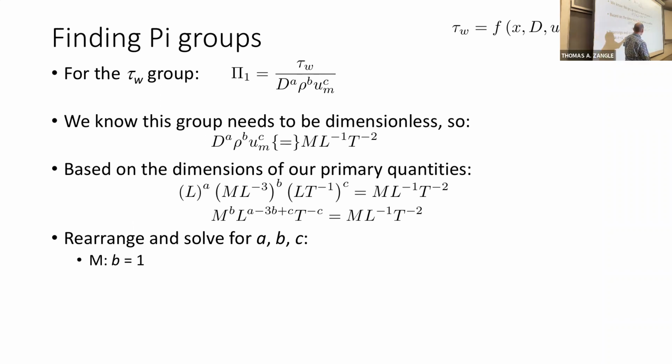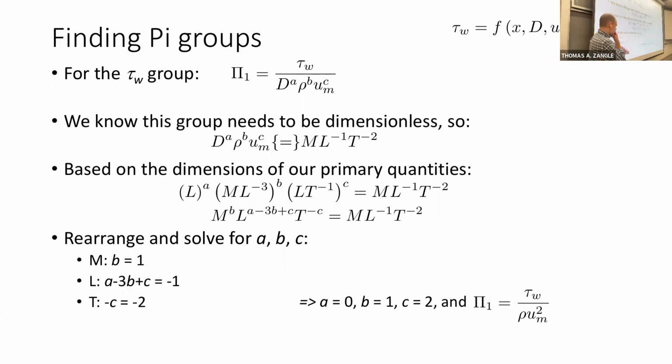So we're going to rearrange this and solve for A, B, and C just by saying that the exponents for each one of these terms have to be equal on the left and right-hand side of the equation. So for M, we get B is equal to 1. For L, we have A minus 3B plus C is equal to minus 1.